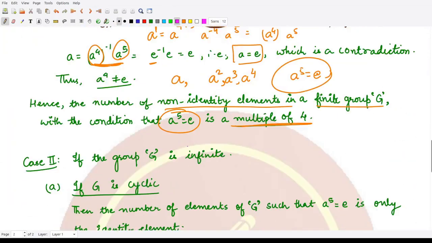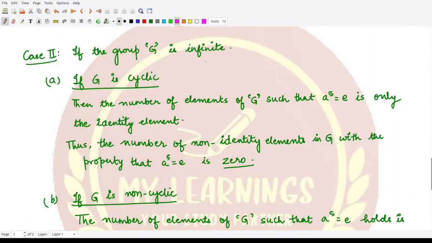In the second case, let's discuss if our group G is infinite, then in that case we could have two possibilities. In the first possibility, we would have our group G as cyclic group, and in the second case, let's take this to be non-cyclic.